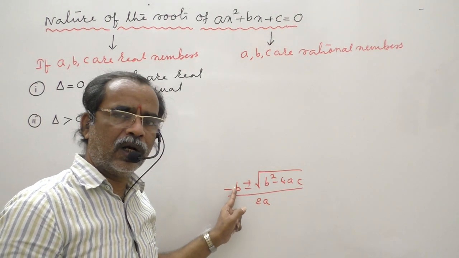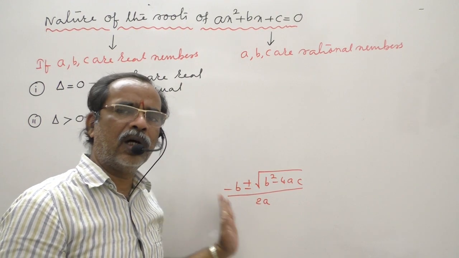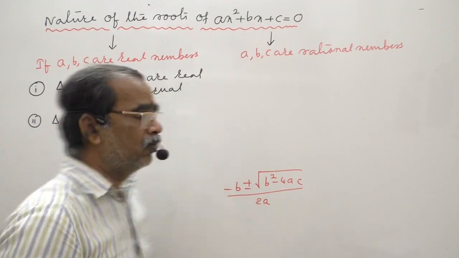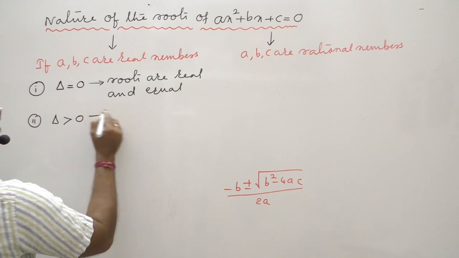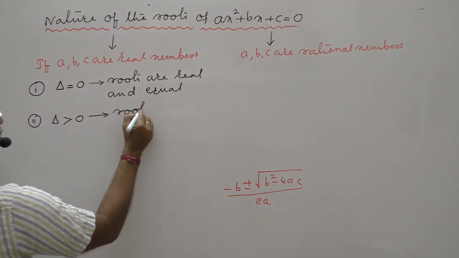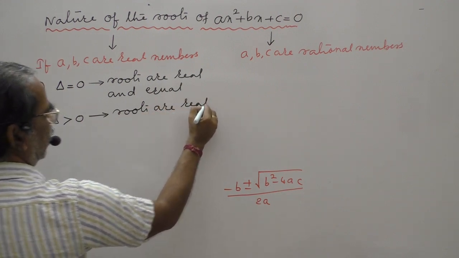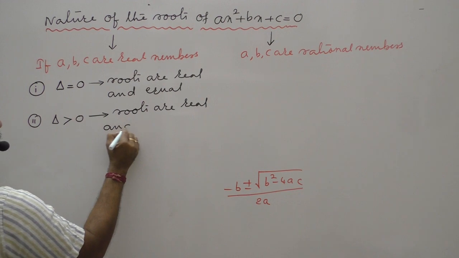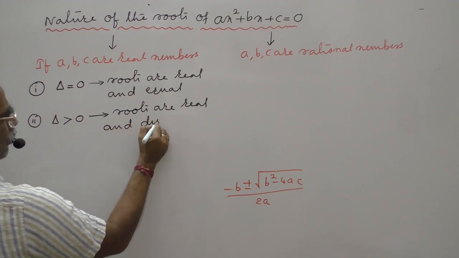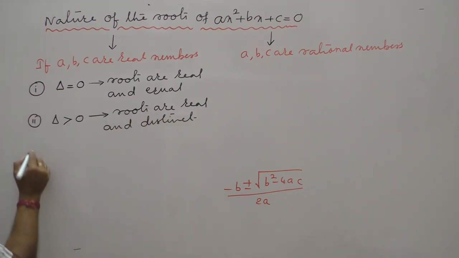By taking the plus sign, you will get one root. By taking minus, another, different root. They both will be real. So if delta is greater than 0, then the roots are real and different, or distinct. Roots are real and distinct.